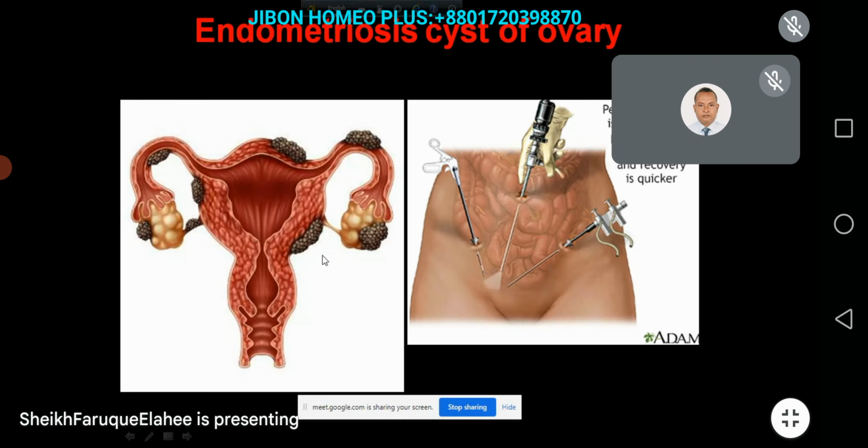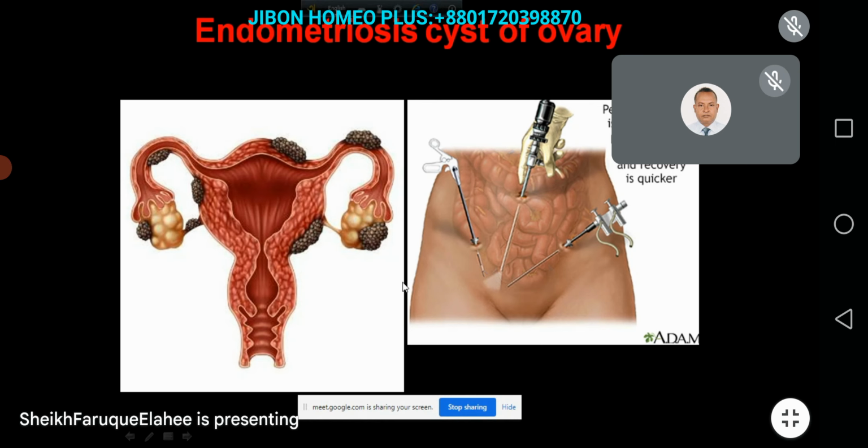It is also present in other parts of the body. So when there is menstruation, there will be menstruation here, also menstruation here. This blood will come out normally through the vagina, but this blood cannot come. Rather, this will be thickened, and this will make adhesion all over here in the pelvis.